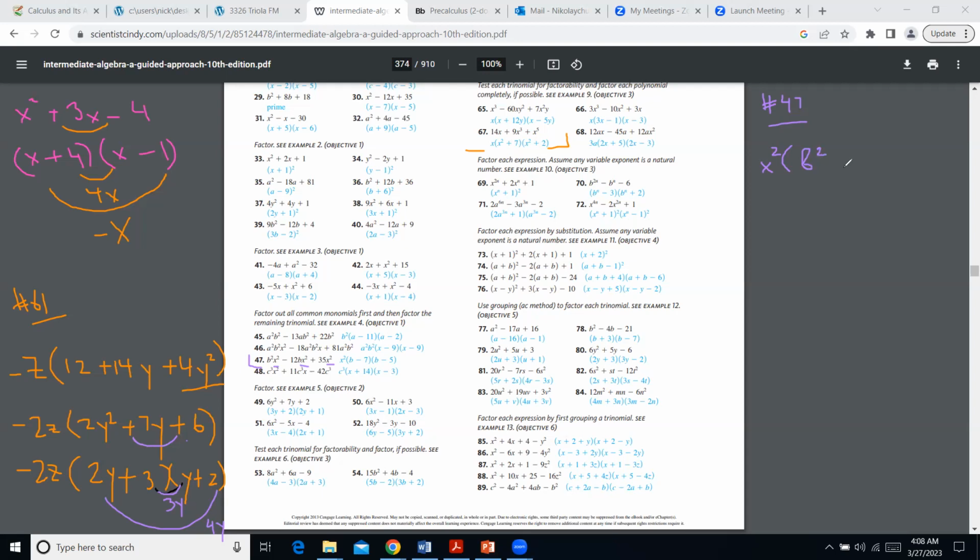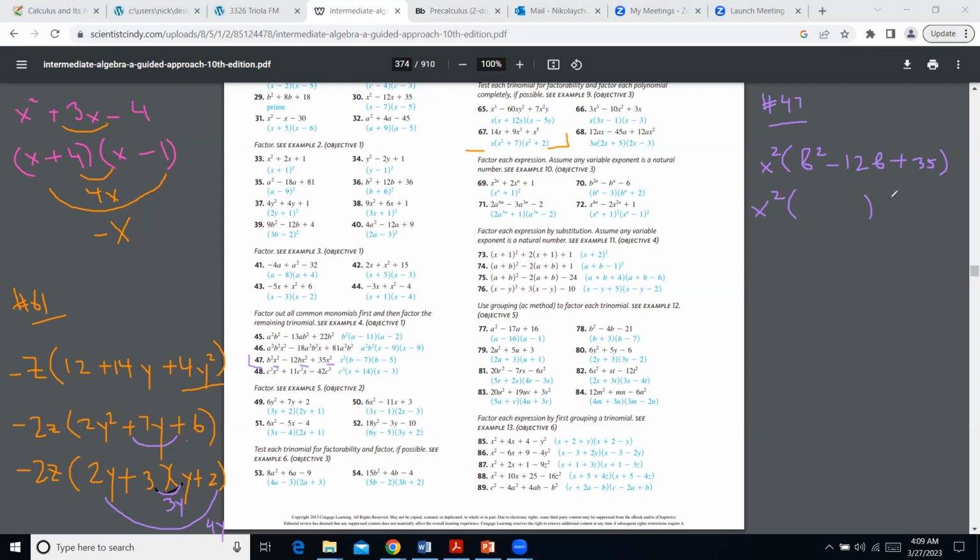From the first term, I have b squared left. The middle one has negative 12b when I take the x squared out. And finally, the last term has a positive 35 left.